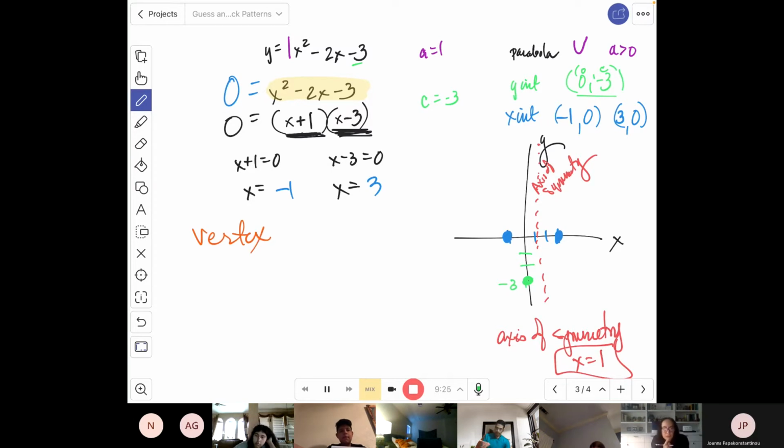Now you want to find that vertex. We talked about two different ways to find the vertex. Find me the vertex and finish graphing the parabola.